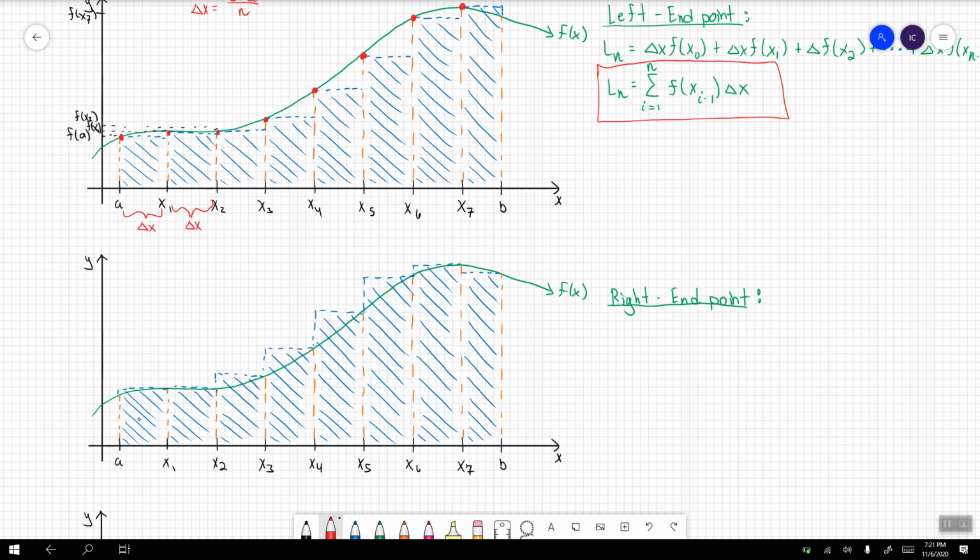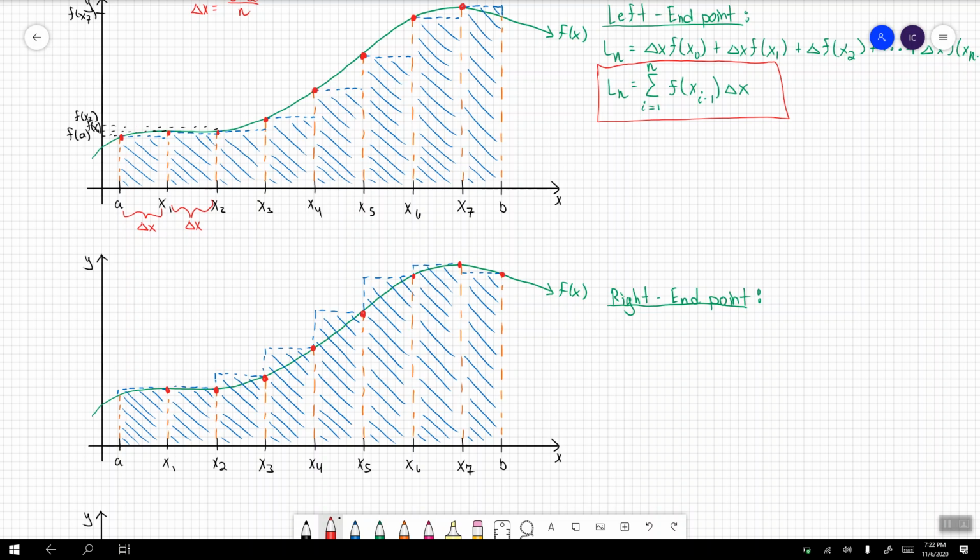So I go to the first interval, the rightmost endpoint, that's going to be the height. Go to my second interval from x1 to x2, the rightmost endpoint is the height of that rectangle. Go to the third interval, the rightmost endpoint is the height of that rectangle. And we keep on repeating this over and over again.